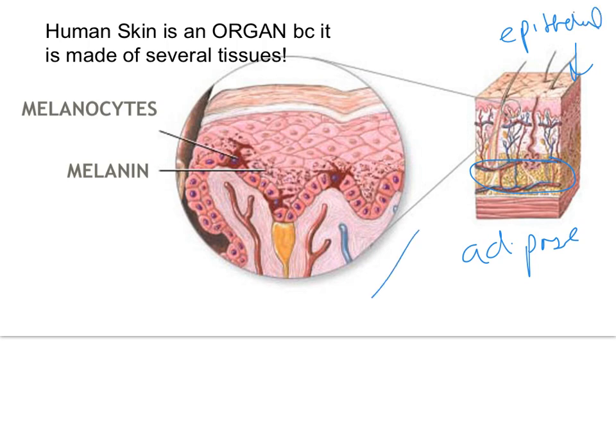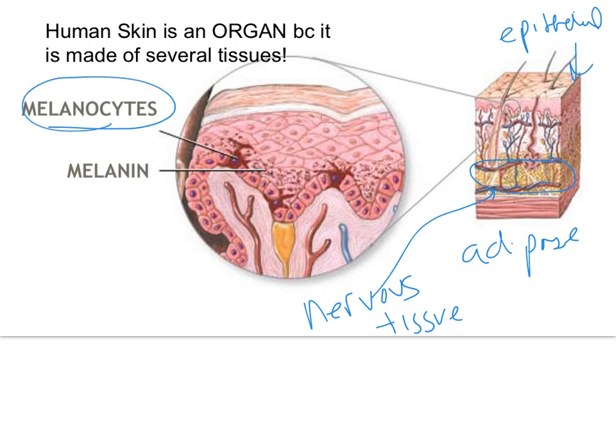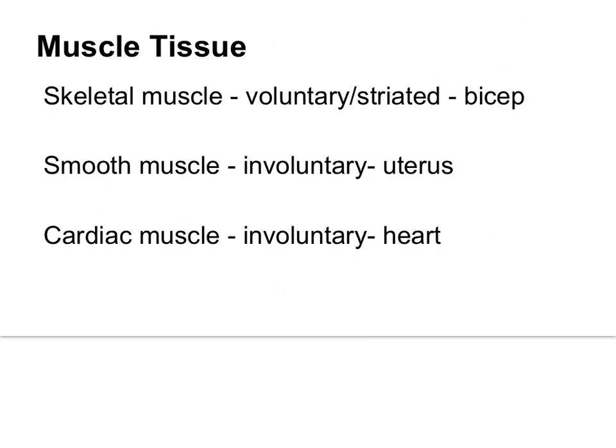We have nervous tissue because our nerves run through our skin. And so our skin is not a tissue, it's actually an organ. And this is an example of some different cells here. These are melanocytes, which produce melanin, and melanin is a pigment in our skin that prevents ultraviolet radiation damage.